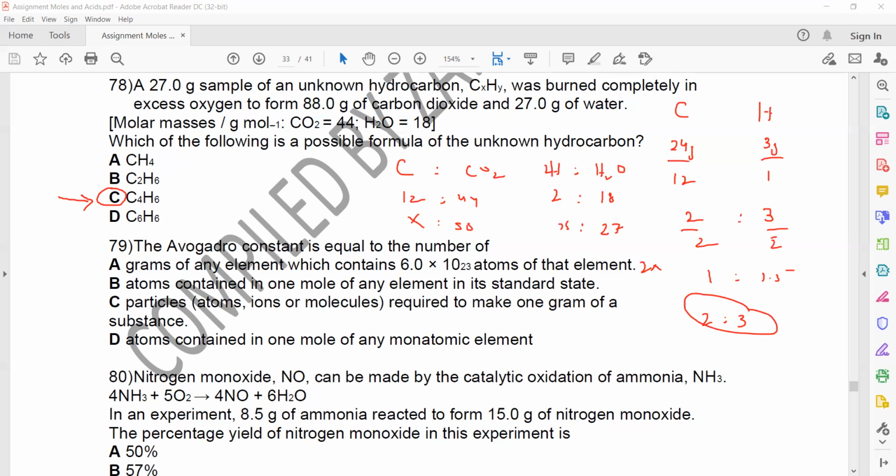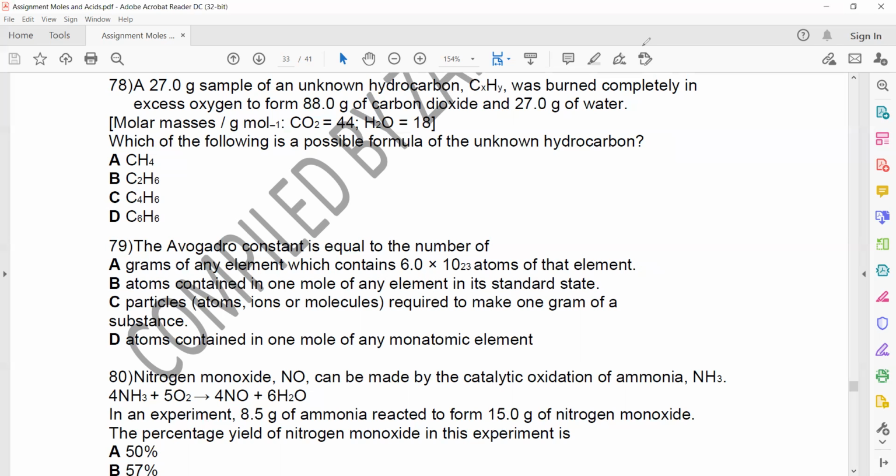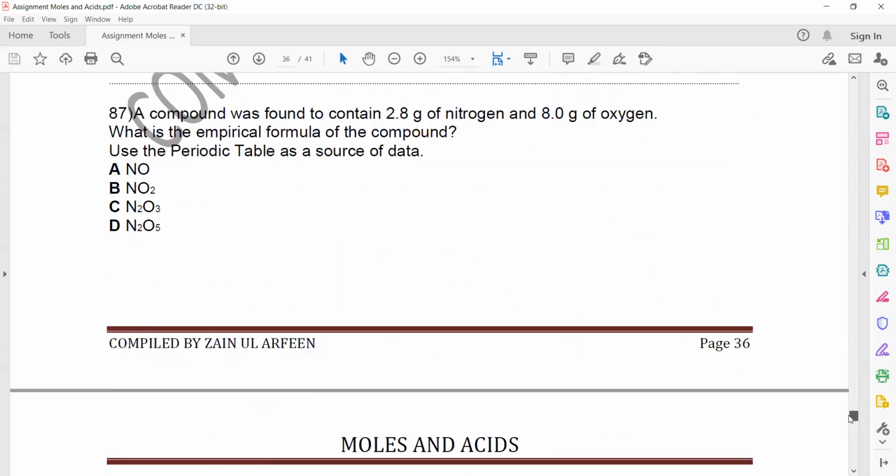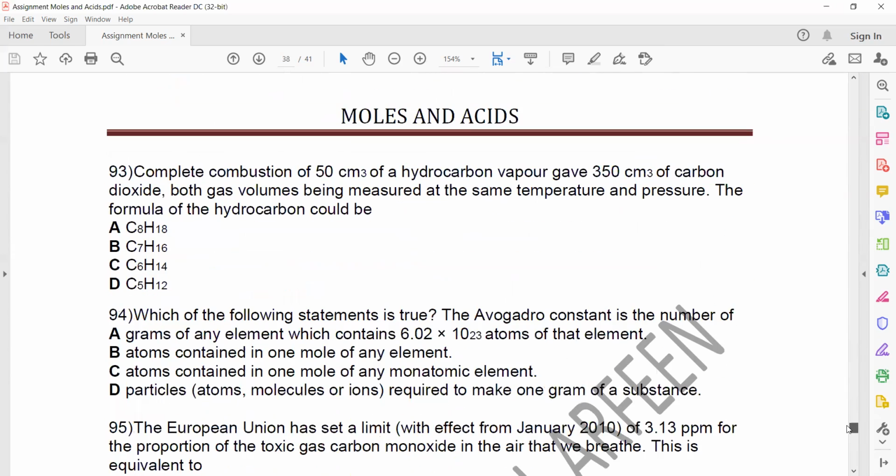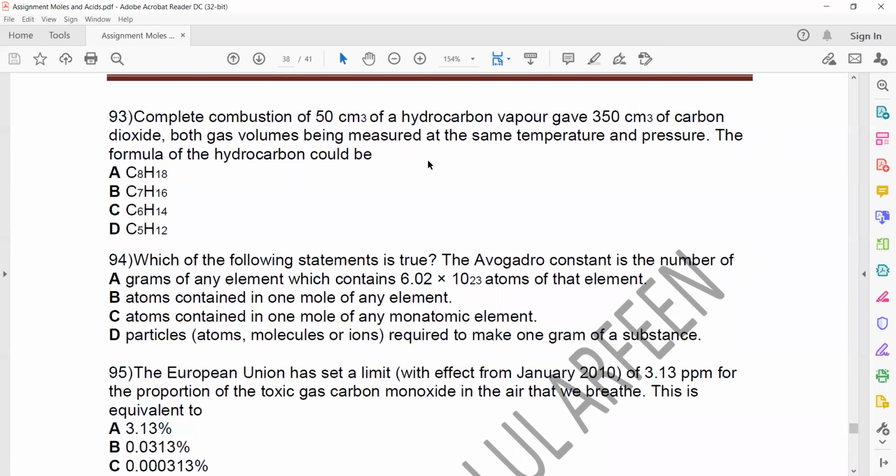Next, question 93. Complete combustion of 50 cm cube of a hydrocarbon gave 350 cm cube of carbon dioxide.